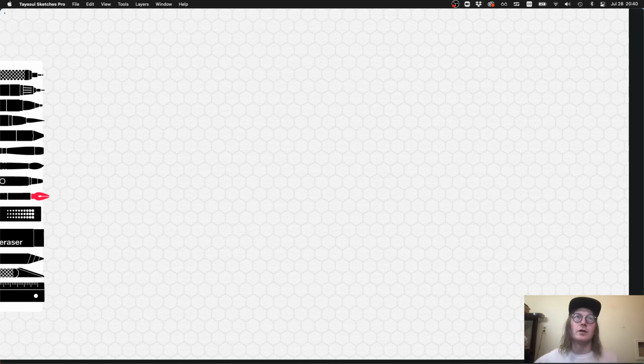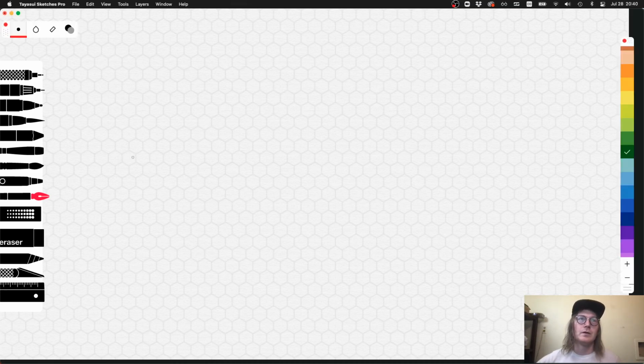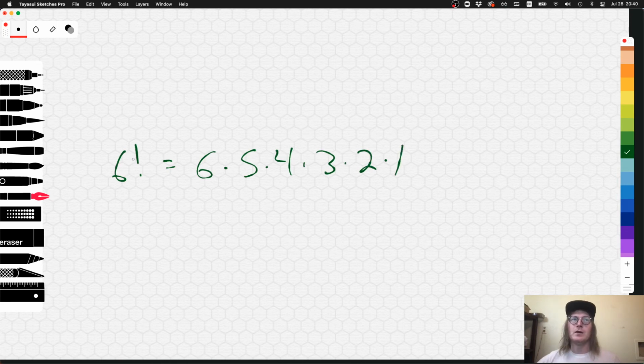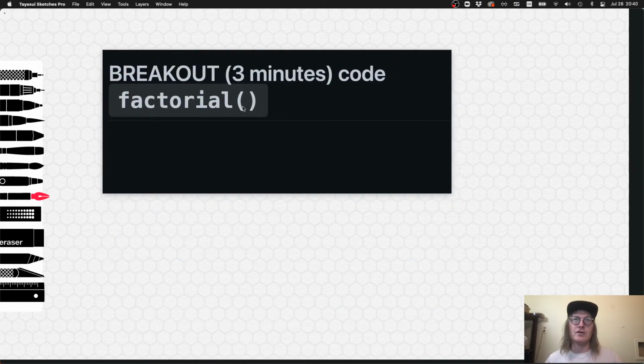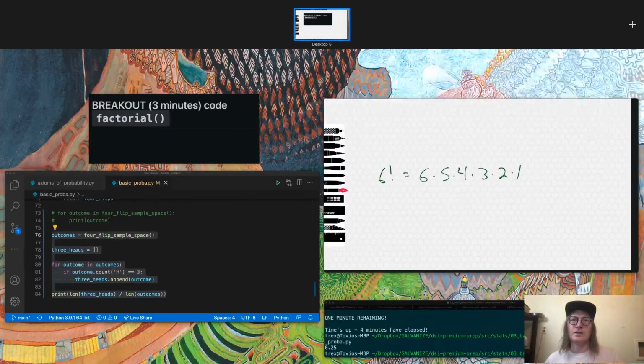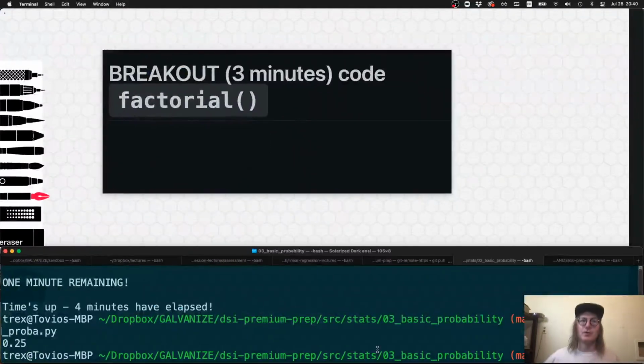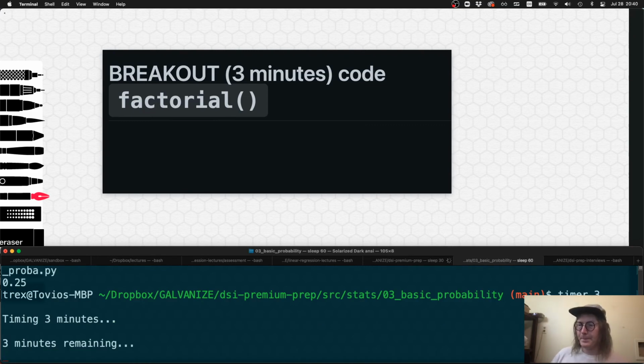So recall the factorial of a number, like let's say 3 factorial, or 6 factorial, is just 6 times 5 times 4 times 3 times 2 times 1. You're going to write a function called factorial that is going to take a value n and return the factorial of that. So I'm going to give you 3 minutes to code that. And go for it.